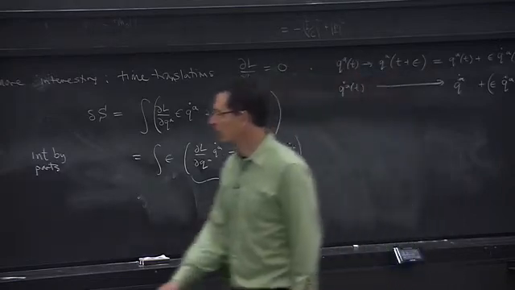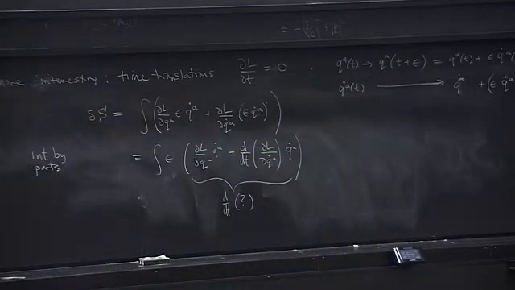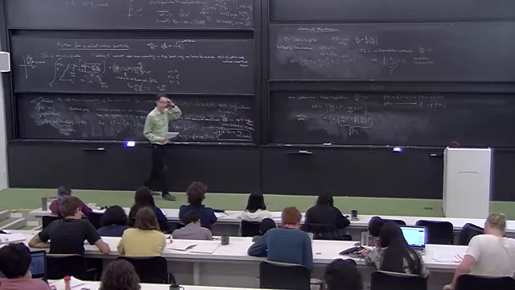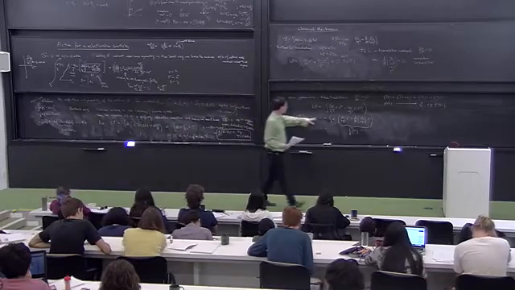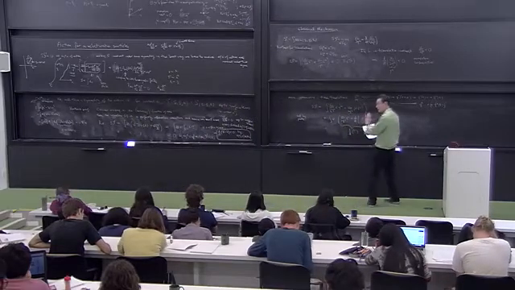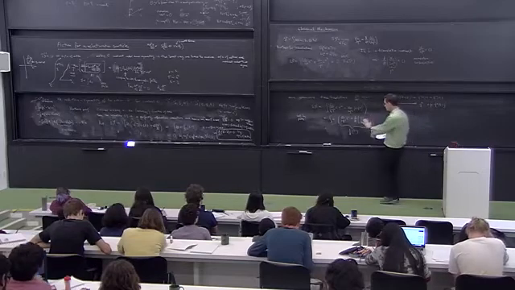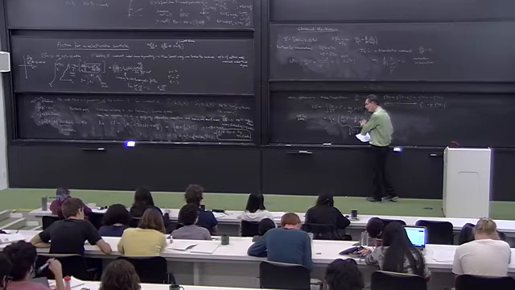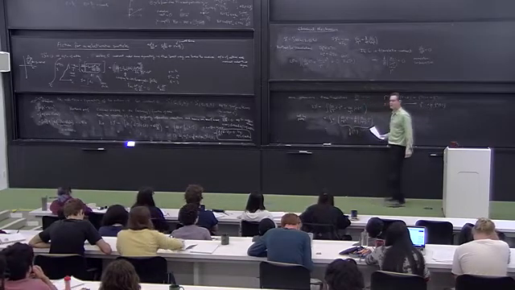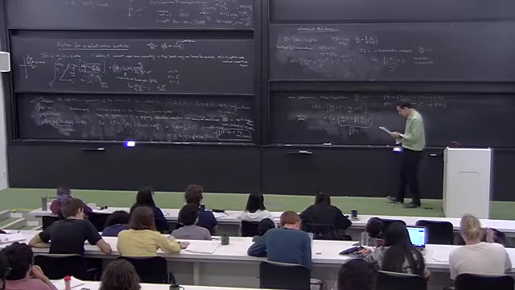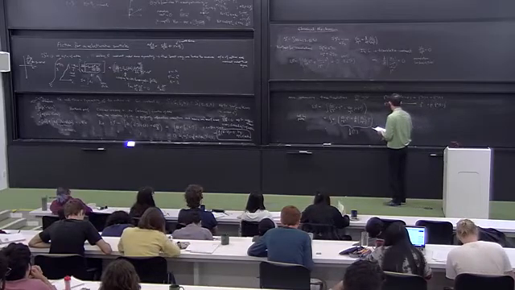By Noether's argument, when I did this variation, if it was a symmetry, I have to be able to write it as epsilon times d/dt of something. Now this is not obviously d/dt of anything, right? I'm not allowed to use equations of motion at this point. But you know from Noether's argument that it must actually be d/dt of something. So what could it be?